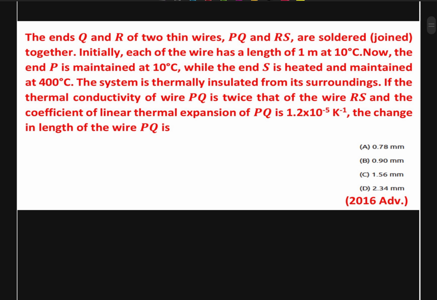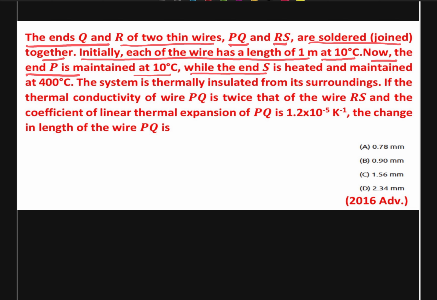it states that the ends Q and R of two thin wires PQ and RS are soldered joined together. Initially, each of the wires has a length of 1 meter at 10 degrees centigrade. Now the end P is maintained at 10 degrees centigrade, while the end S is heated and maintained at 400 degrees centigrade.